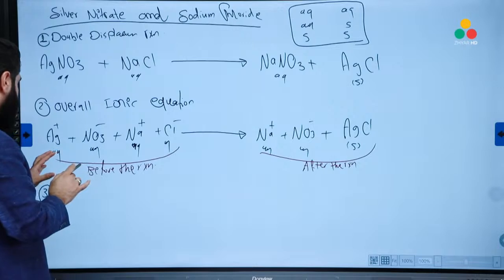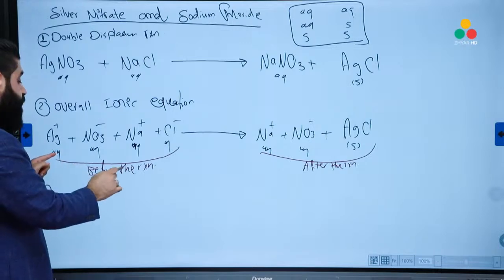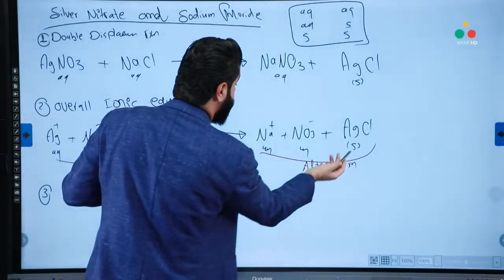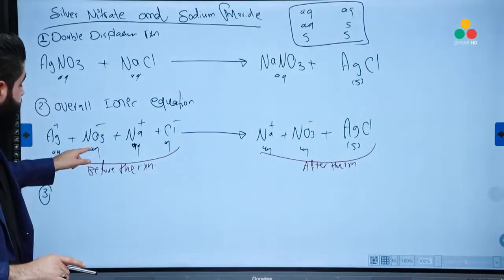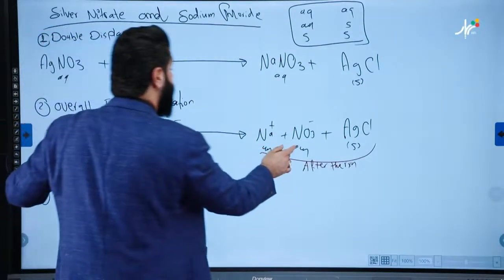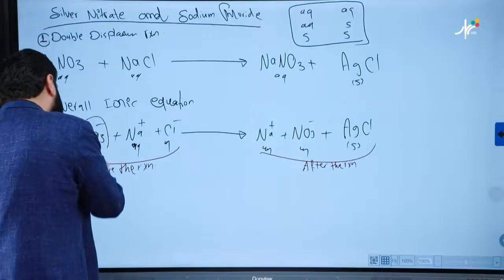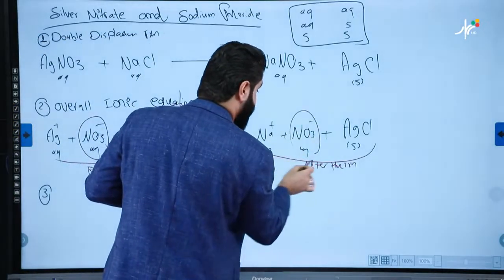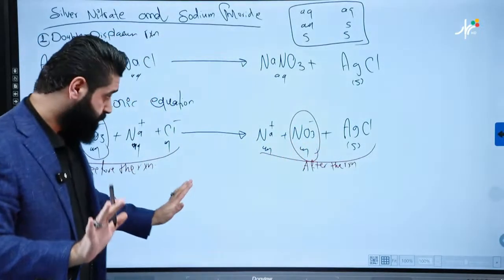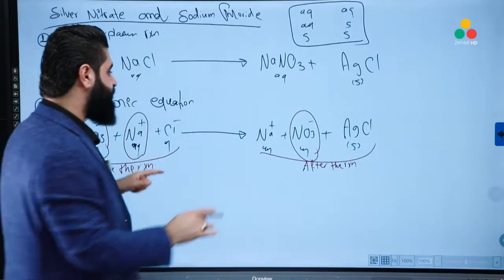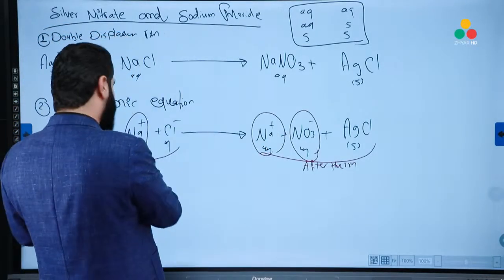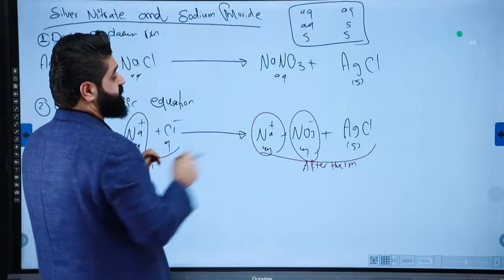For example, Ag is aqueous before the reaction, but after the reaction it's a solid, so it's changing. NO3 is aqueous before and after. Na is again aqueous before and after, but Cl is changing.